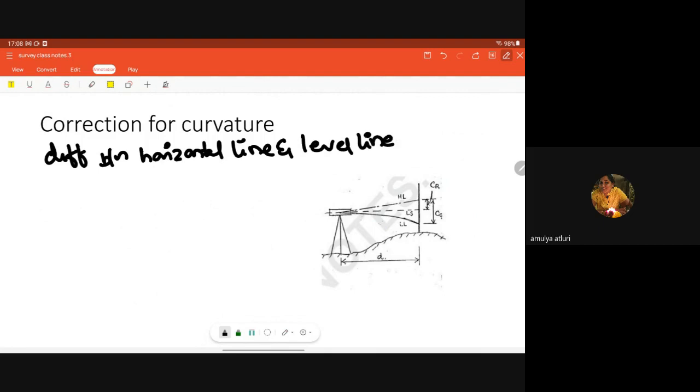The apparent reading is more, and the object appears lower. The reading will be lower than it is.